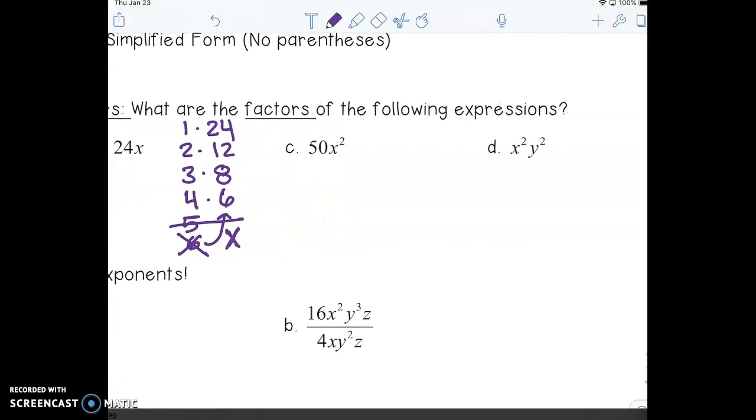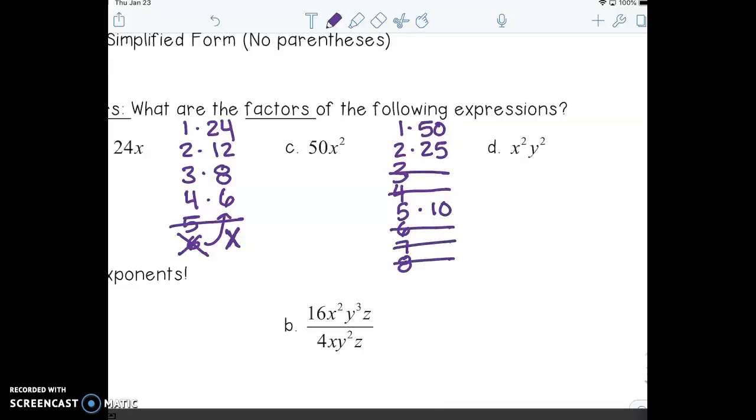For 50, I have 1 times 50, 2 times 25, 3 doesn't work, 4 doesn't work, 5 works, 6 doesn't work, 7 doesn't work, 8 doesn't work, 9 doesn't work, 10 tells me I'm done.